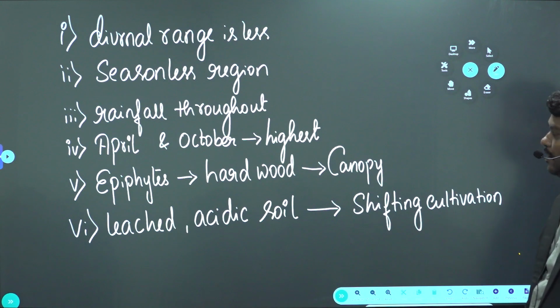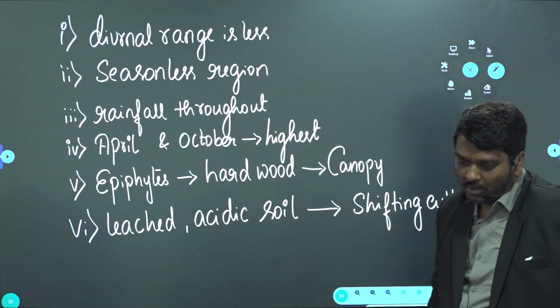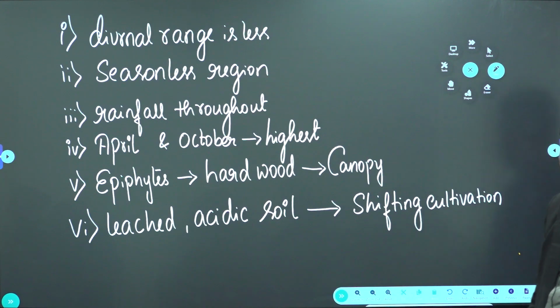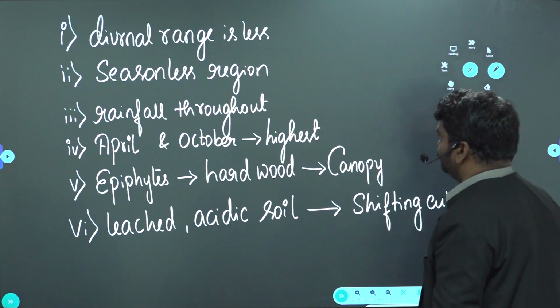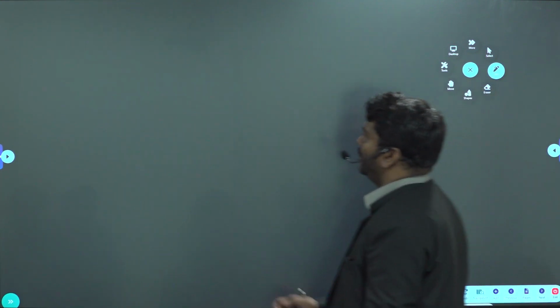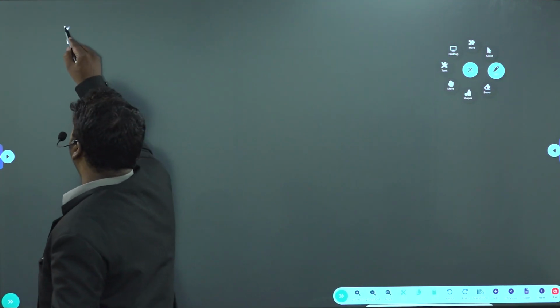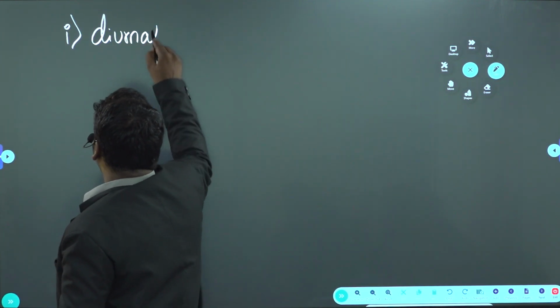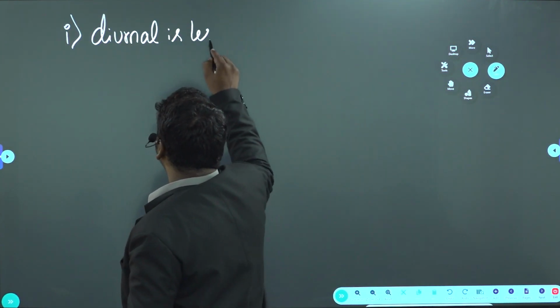Okay. Next, right? Tropical monsoons. Second one, tropical monsoons. Diurnal is less.